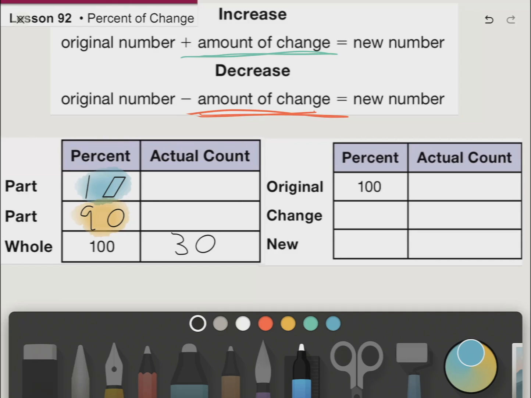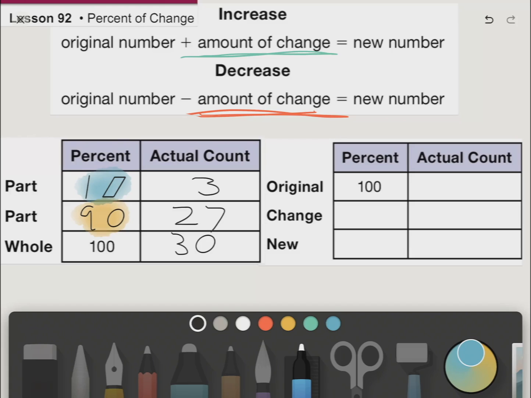And if we knew that 10% of those were rainy, then 3 days would be rainy. Subtracting those two, we can figure out that 27 of the days were nice and sunny.